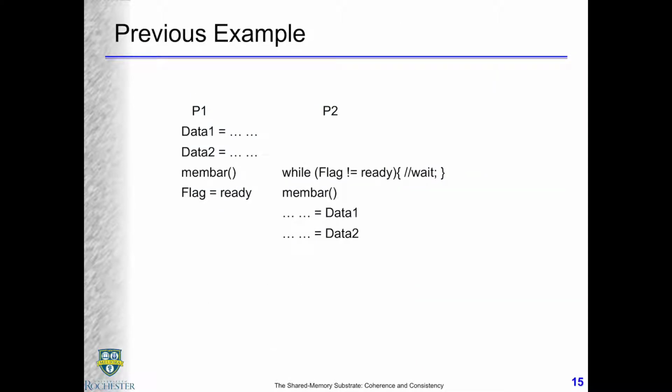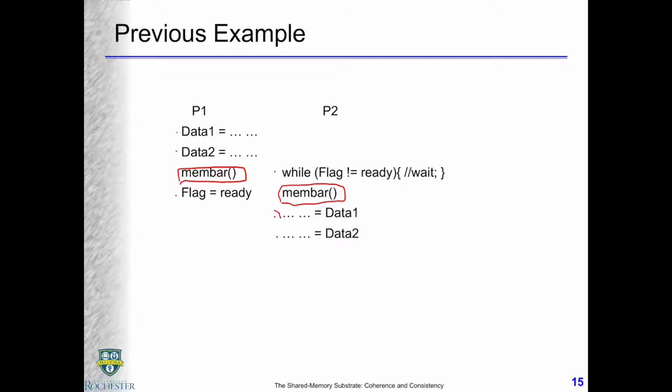So how is this done? One very common way of implementing it is the use of memory barrier. We insert one between the flag and data updates, the data updates over here and the flag update on the producer side. And we also insert one between reading of the data and the reading of the flag.